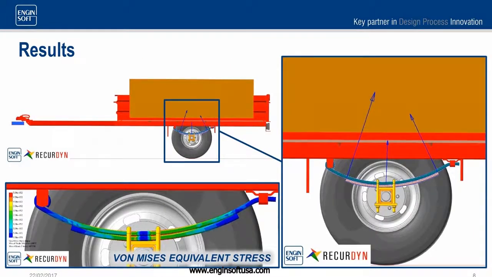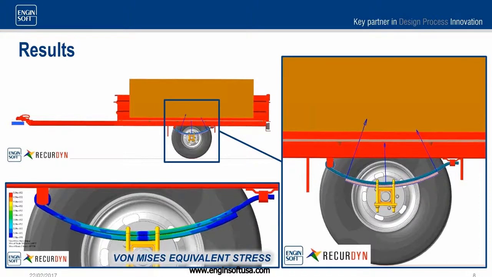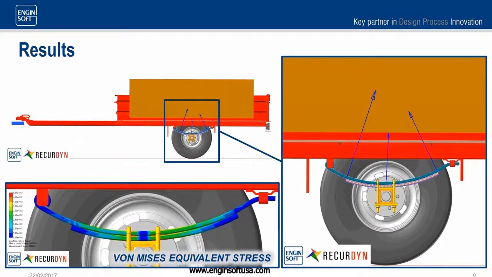Okay, after simulating the full flex model, we finally obtained these visual results, these three videos. You can see that the trailer falls under the gravity load, and so the suspensions undergo a dynamic loading.